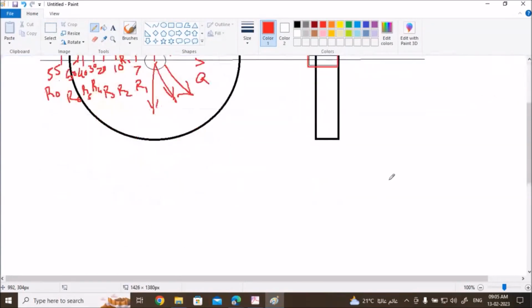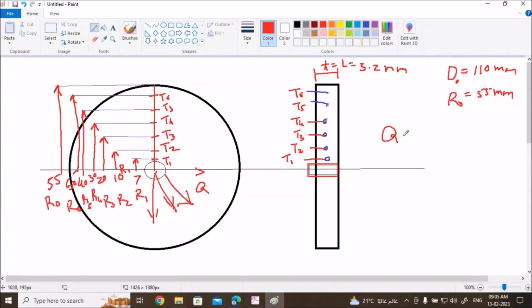Now apply Fourier's law. So Q is equal to K A dT by dx. Q is constant here. K is thermal conductivity, a property of the material. And here area is 2 pi r L, the heat flow area.